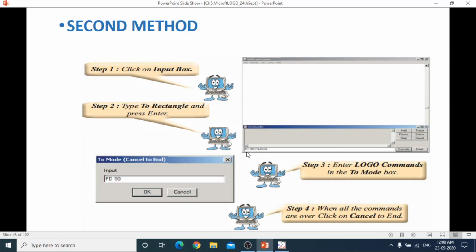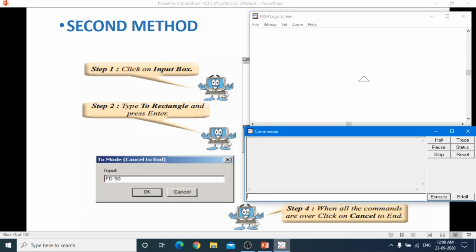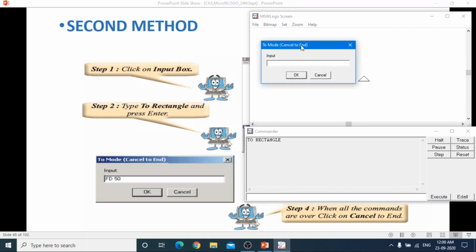First we give the title to the procedure: TO rectangle, and execute it. So the input box is open, as written here, see in the PPT.